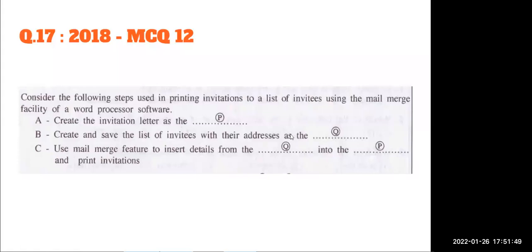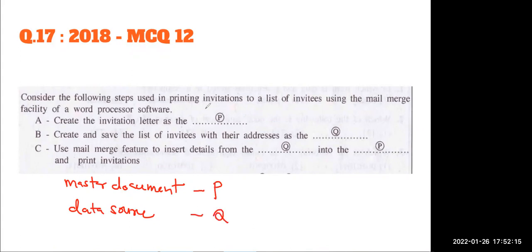Now what you have to do is tell me which one is the master document and which one is the data source. Let's say, for example, P is master document, Q is data source. Or if it is the other way, you can send your answers. Now you know what a master document is and what a data source is.